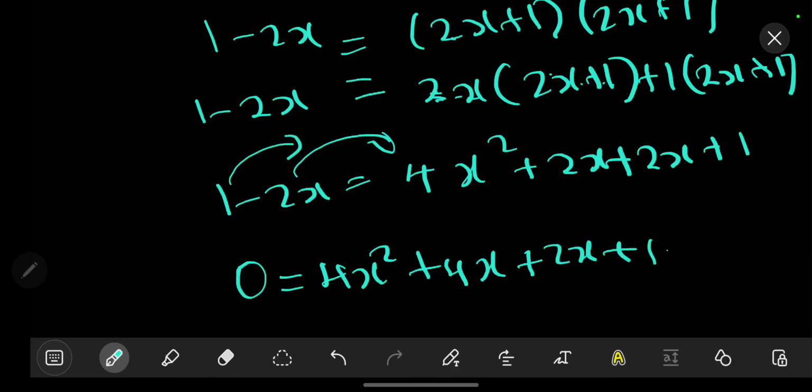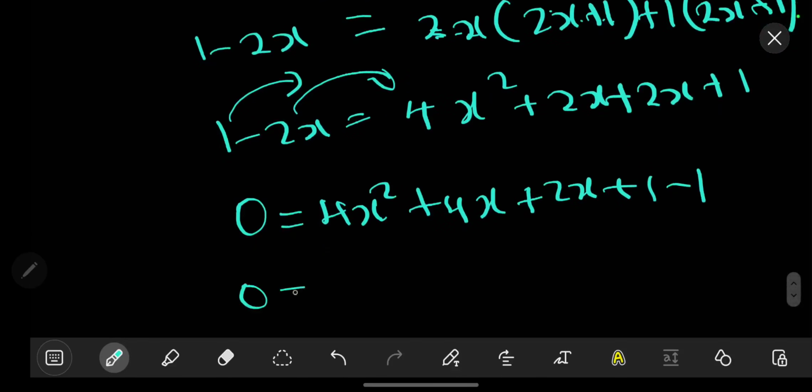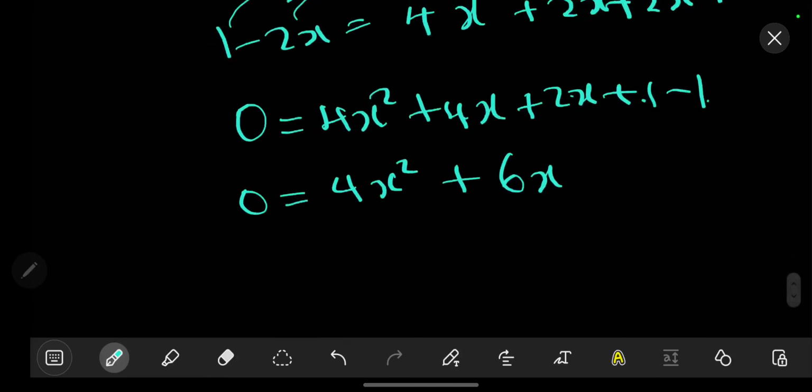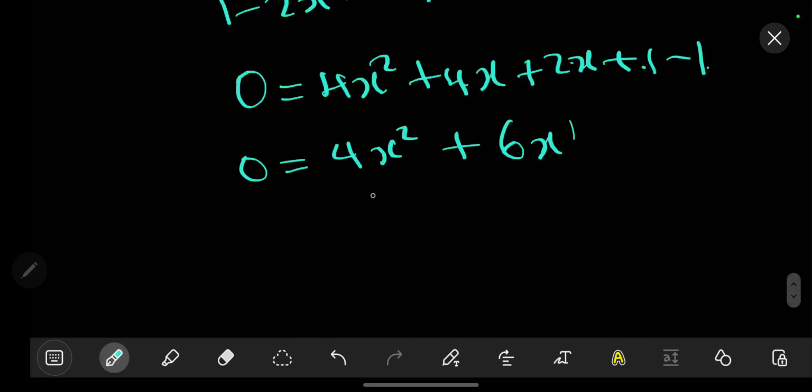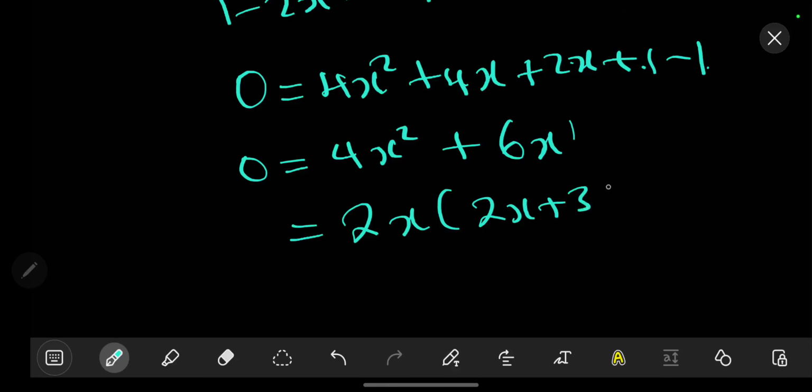When the 1 goes there, it will be minus 1. So we are going to have 0 should be equal to 4x squared plus 6x. 1 minus 1 is 0. Then what we are going to do from here is factorize. So 2 is common, x is common, then we have our 2x plus our 3 like that.